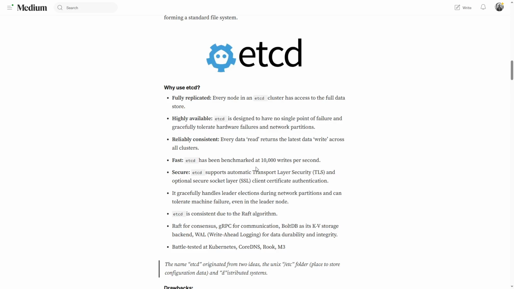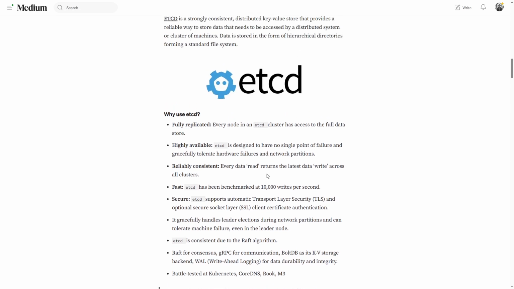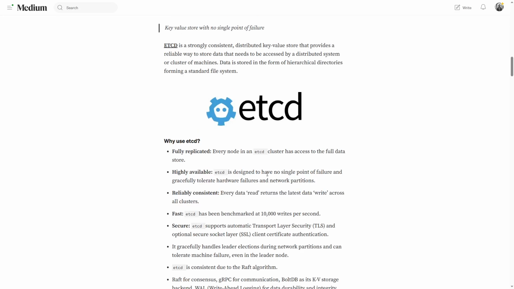There are other products which use etcd as the configuration store, for example log source systems like Parseable or any other big data systems which need platforms that provide configuration support.